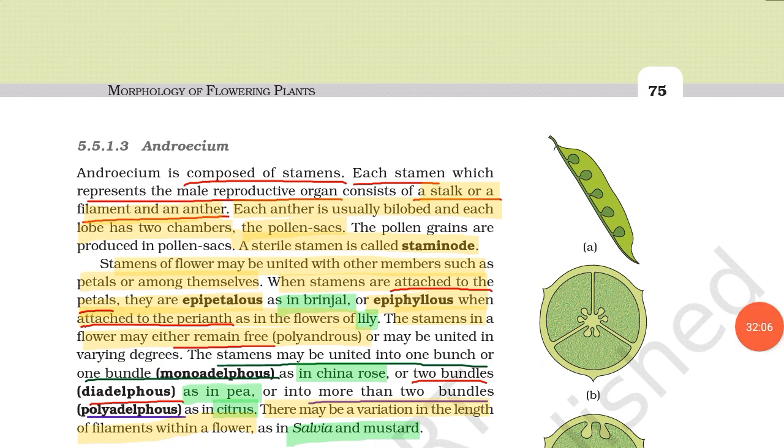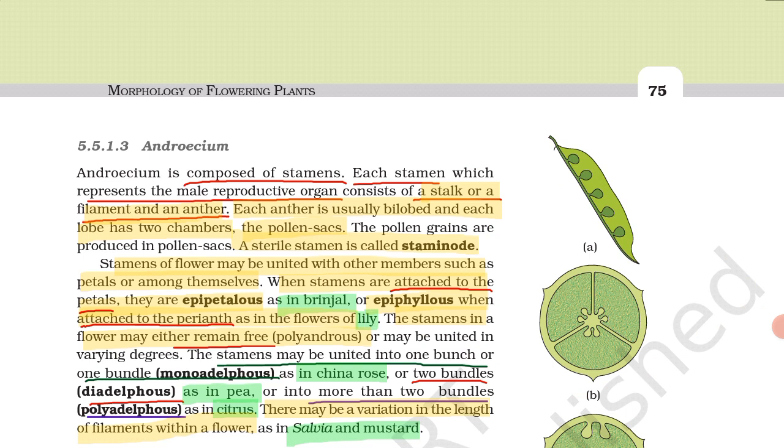So the androecium is composed of stamens, and each stamen represents a male reproductive organ. The stamen consists of a stalk, the filament, and the anther.